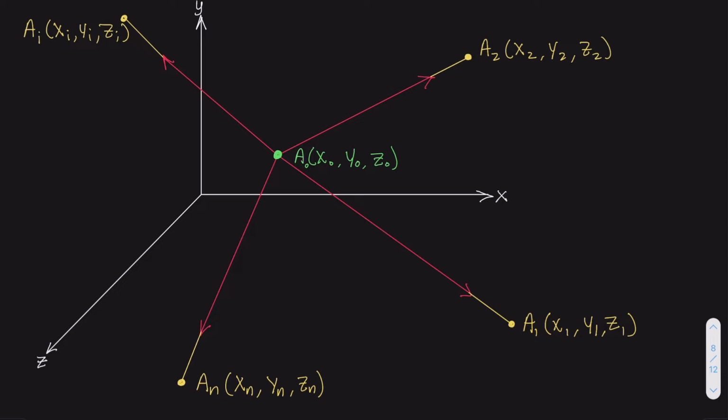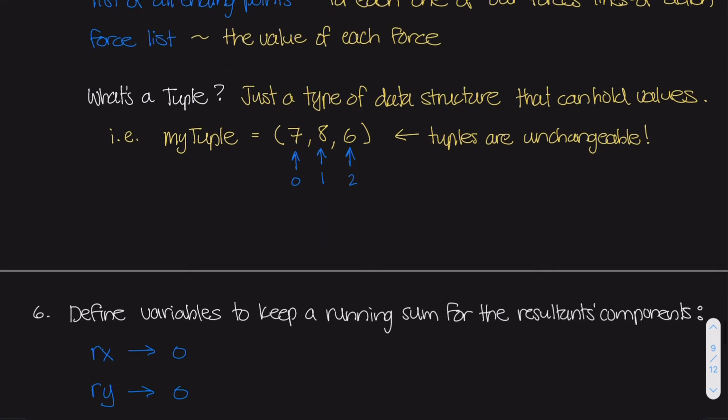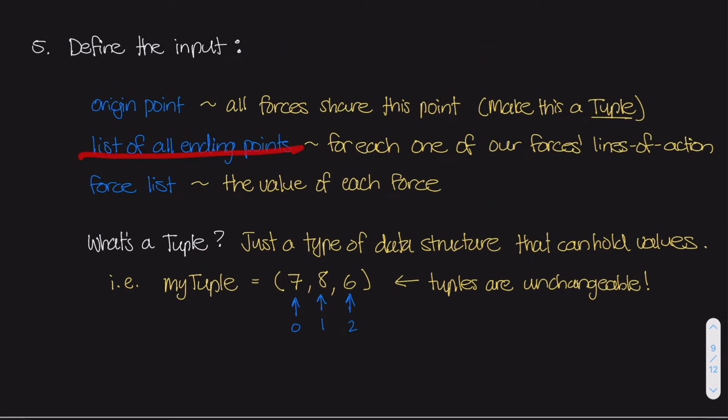In the same way that we stored the origin point in a tuple, for this list of all ending points, I'm going to make sure each coordinate point is in a tuple, and this list is going to store all of those coordinates. So it's going to have A1, A2, A3, A4, Ai, all the way up to AN.